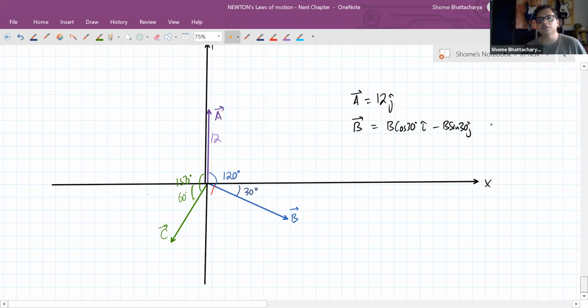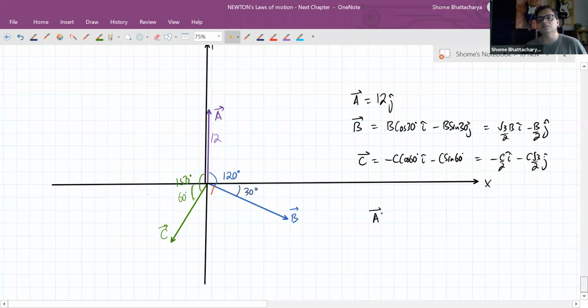If you drop these perpendiculars, it is root 3 times B by 2 i cap minus B by 2 j cap. And similarly, the vector C has a negative x component of cos 60 and a negative y component of sine 60. So this is minus C by 2 i cap minus C times root 3 by 2 j cap.